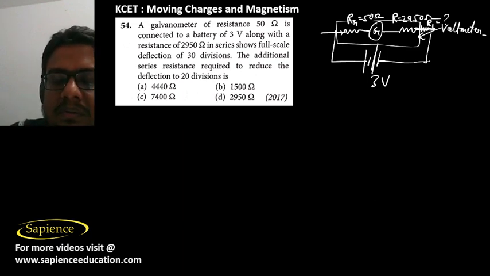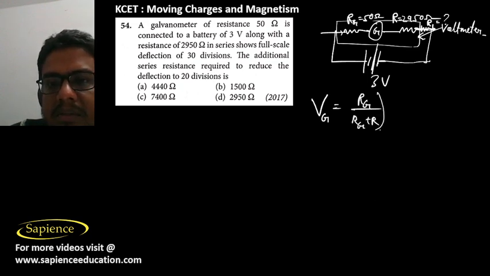It means now the voltage drop across the galvanometer, when this resistance R1 is not connected, that is equal to, so voltage is in the ratio of the resistances. This will be Rg by Rg plus R into V, that is 3 volts. Now this is equal to 30 divisions.